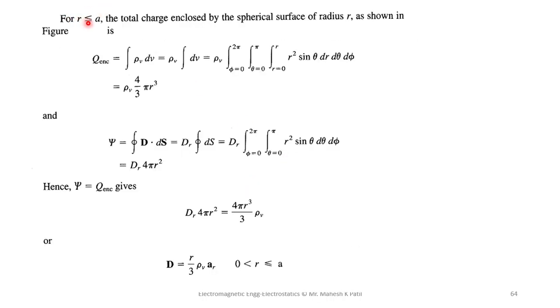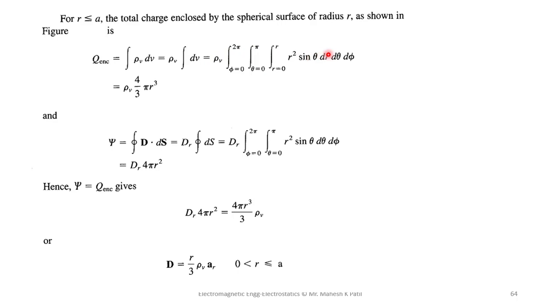So for r less than a, the total charge enclosed by the sphere is equal to the volume integration of rho v dv, so it is equal to rho v integration dv. Now integration dv can be written as the triple integration of r square sin theta dr d theta d phi, where phi varies from 0 to 2 pi, theta varies from 0 to pi, and r varies from 0 to r.